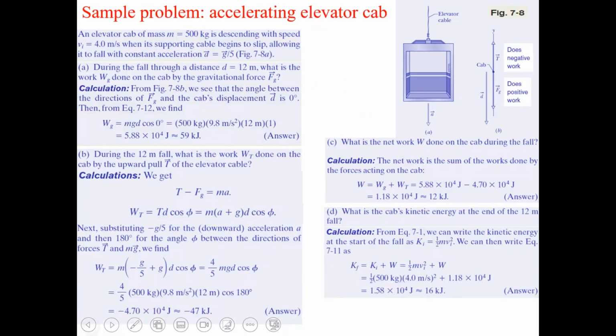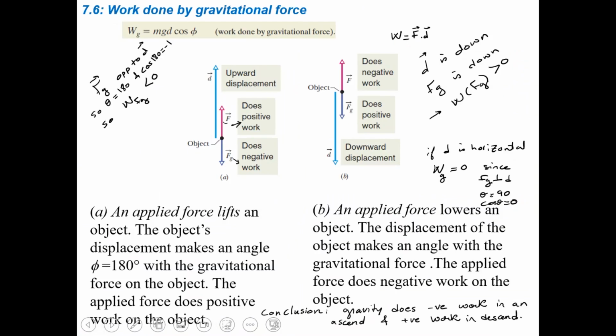I also want to give you a nice formula which you can always use as well for the work done by gravity. So in addition to this formula, which is mgd cosine phi, I'll use this formula, which is minus mg times delta H, where delta H is H final minus H initial.